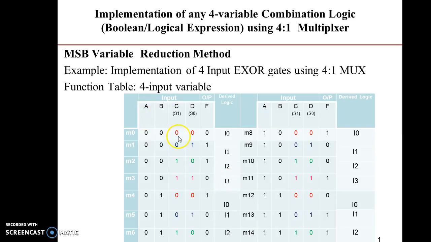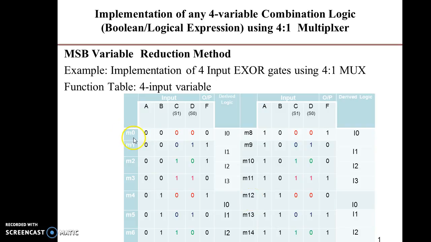So how do I obtain the logic corresponding to the I0 data input pin with respect to the A and B variables? If C and D become 0 0, that applies to min term 0. The same, C and D becoming 0 0, applies to min term 4, again to min term 8, and to min term 12.